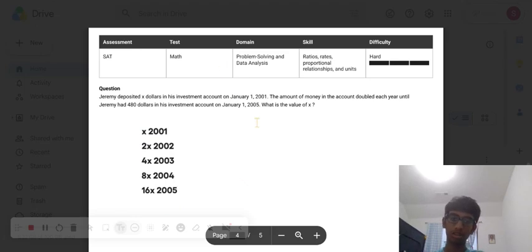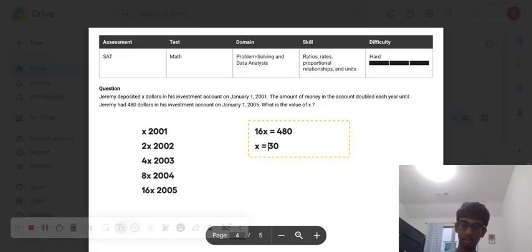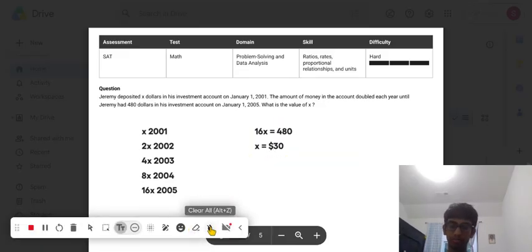And we know that 16x is equal to 480. Now, dividing both sides by 16, we get x is equal to 30. So he inputted $30. And that's how you solve this problem.